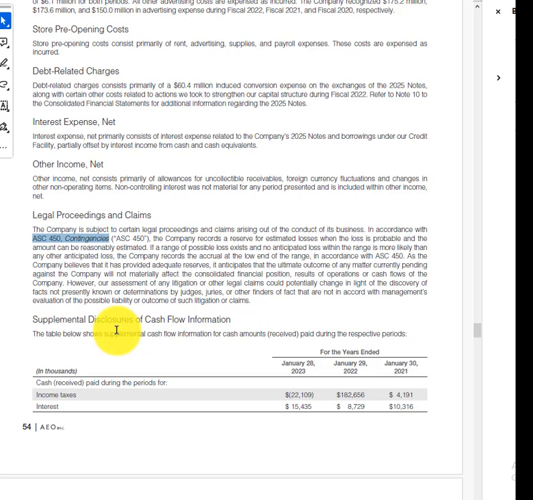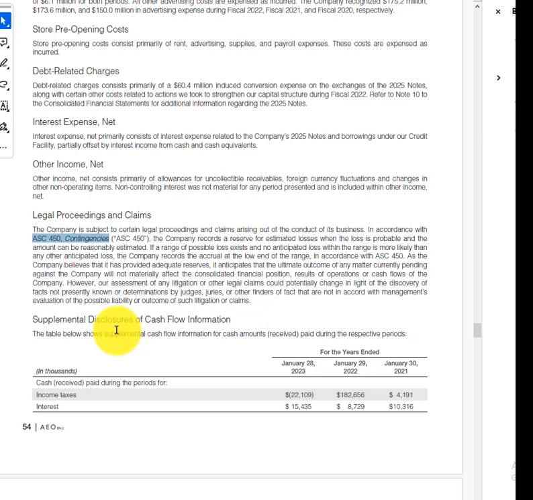So that range of possible losses was probably huge, and they have chosen an amount, because you can't actually present on the balance sheet a range of amounts. You have to present an amount.